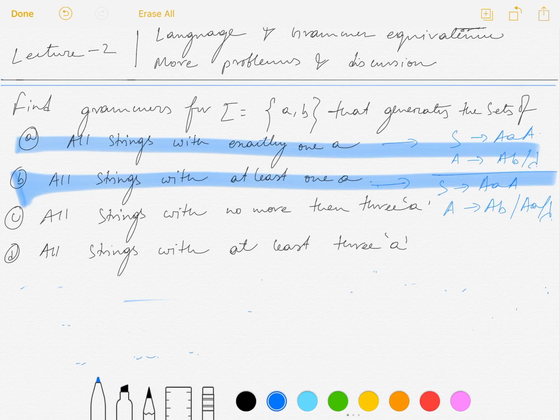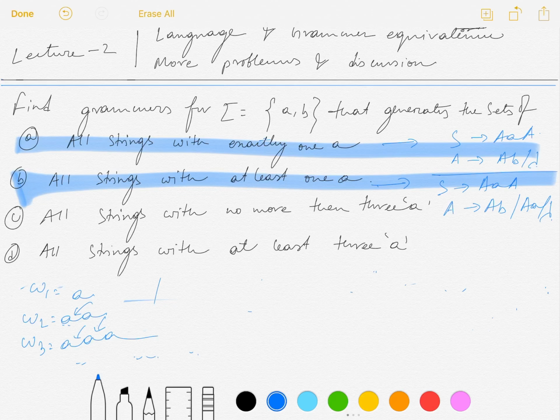If I consider the string as a, as 2 a, or as 3 a, that is omega 1, omega 2 and omega 3, all will be accepted, and there is no restriction for b. So, there may be any number of b in between these 2 a, or between these 3 a, or before the 3 a there may be b, or after the 3 a there may be b.